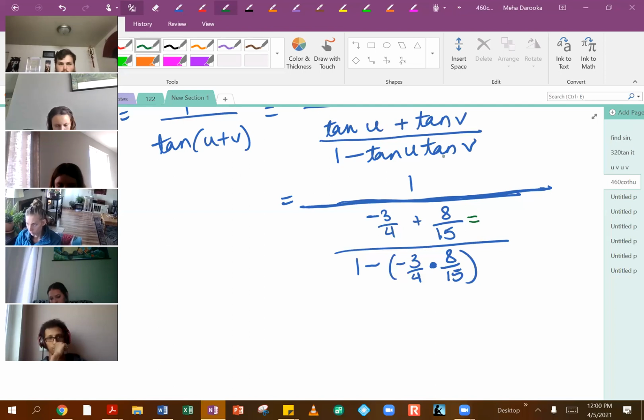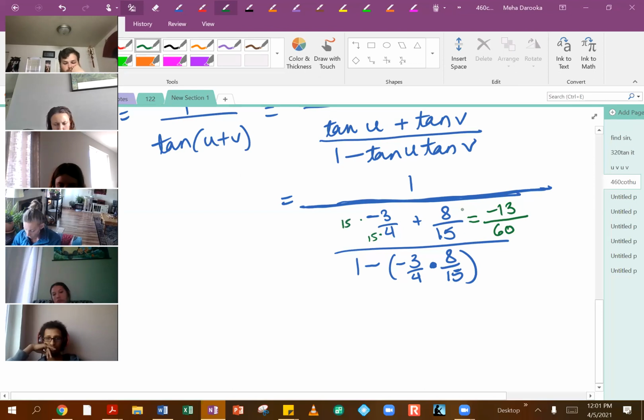Yeah, it will be a common denominator of 60 between 4 and 15. So what does our numerator come out to be when you simplify that? Negative 13. Yeah, very nice. It will be negative 13 because, of course, you would multiply this side by 15.